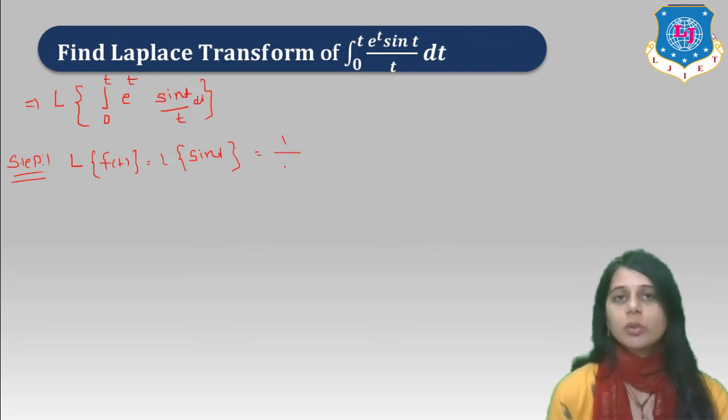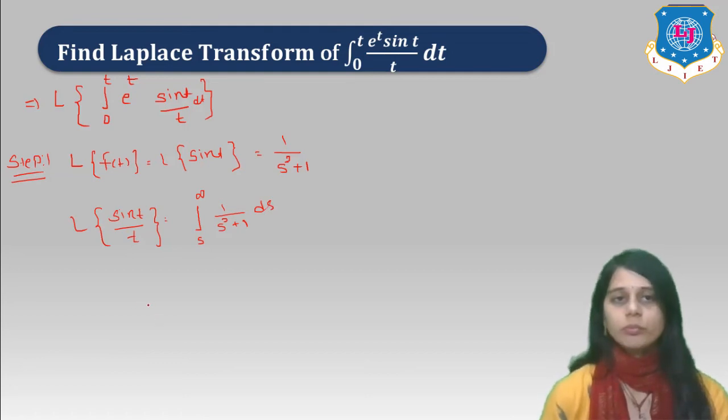It is 1 upon s square plus 1. Next is sin t by t. For division by t, we integrate from s to infinity 1 upon s square plus 1 ds. So we get Laplace of sin t by t.